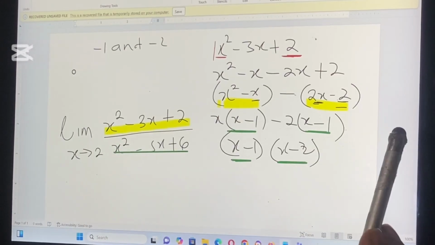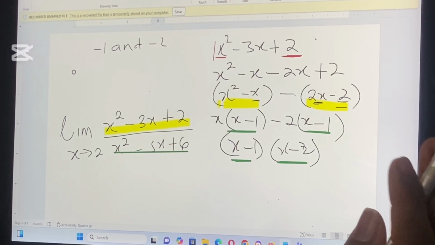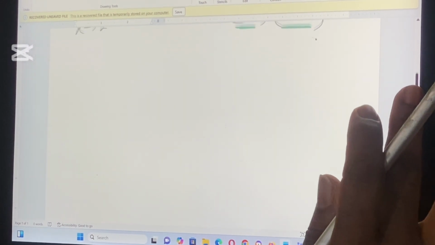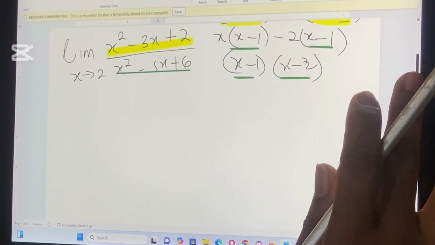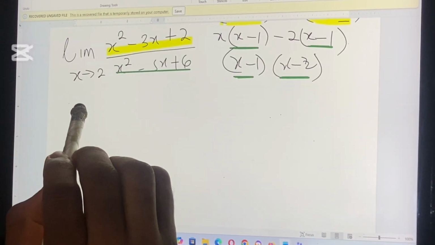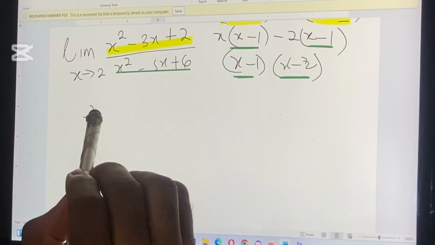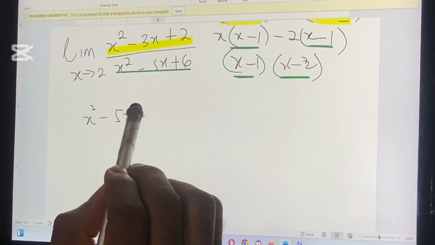That is for the numerator. Now let's do the same thing at the denominator part. When you factor the denominator part here, class, let's do the same thing here. Class, for the denominator here, we have s squared minus 5s plus 6.